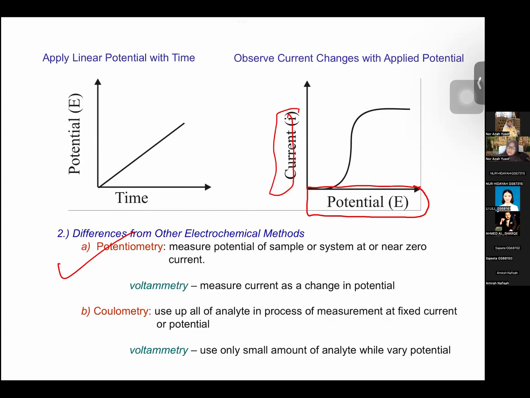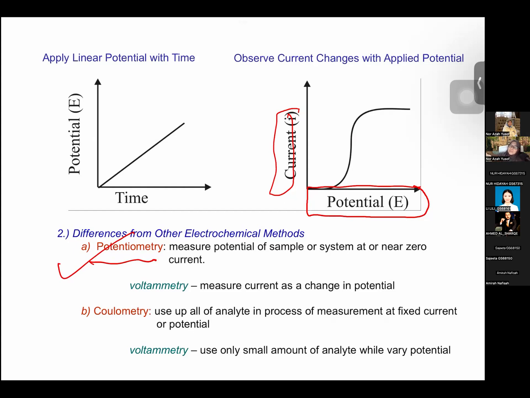Do not confuse potentiometry with potentiostat. Potentiometry is an electrochemical method. Voltammetry is also an electrochemical method. Potentiometry is an electrochemical method where there is no need for potential to be supplied. The best example is your pH meter.